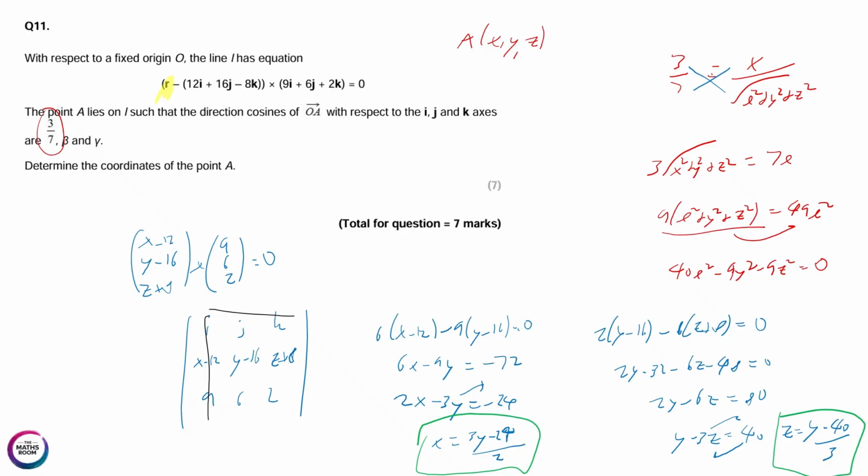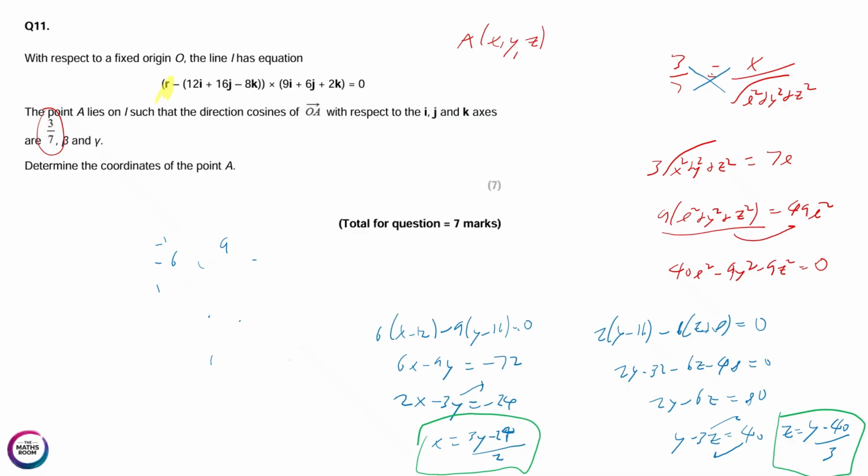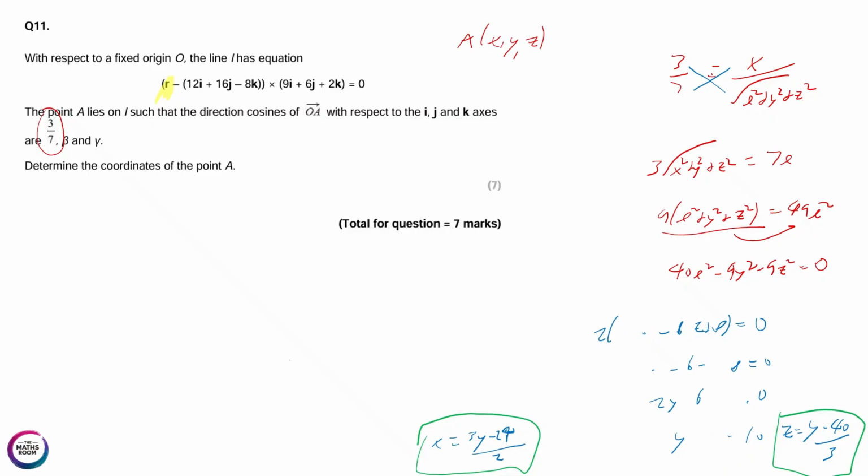Right, so let's make some room now. Try and get this done. Remember, we're trying to find x, y, and z to get the point. I remember that my x has to be positive, so the direction cosine is positive. Okay, so let's leave these on. I'm interested in this equation now.